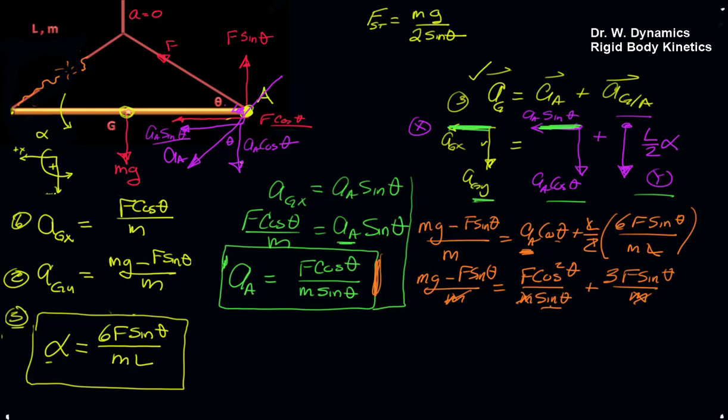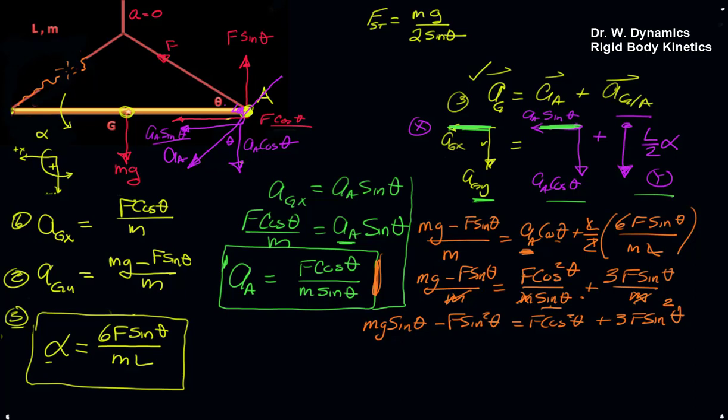And we'll get mg sine of theta minus F sine squared theta is equal to F cosine squared theta plus 3F sine of theta. And that'll be squared when we multiply through by the sine over here.